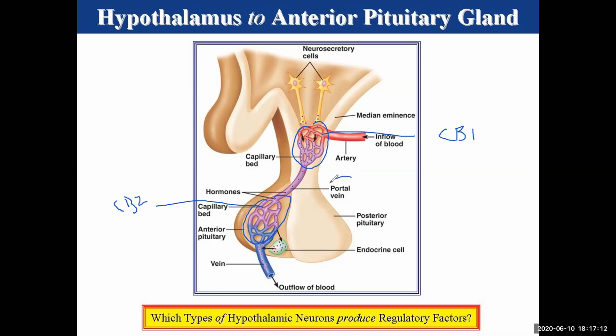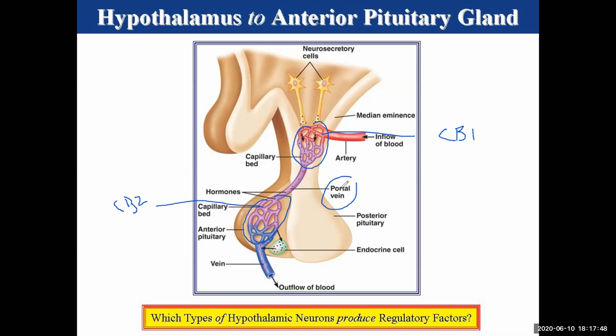And you have your portal vein here. And this system, again, is called the hypophyseal portal system. We get to see another portal system later in the semester when we talk about the digestive system. It's called the hepatic portal system. Within the hepatic portal system, CB1 would be the capillary bed perfusing the small intestine, specifically the jejunum, and CB2 would be the capillary bed perfusing the liver, inside the liver.